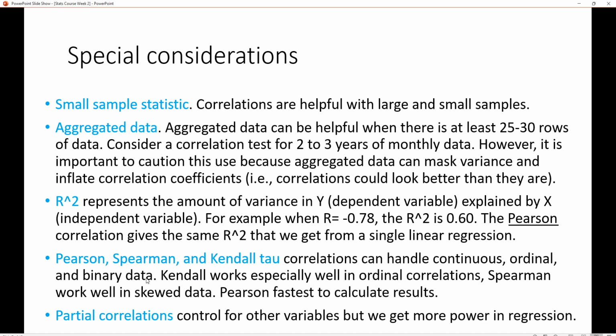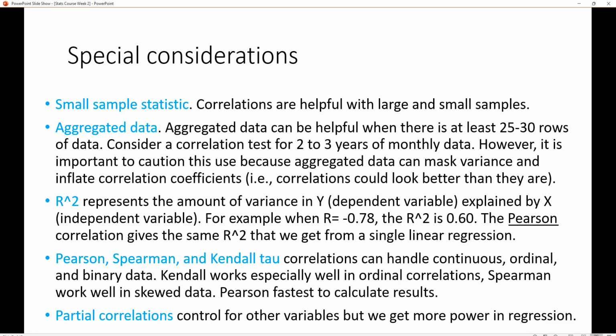A Pearson correlation works best when you have two continuous variables, but like the Spearman and Kendall-Tau, you can use it with different variable types. And last week we looked at the different levels of measurement, so that could refresh your understanding of those different levels of measurement. But for these three, they generally work well in all those situations.